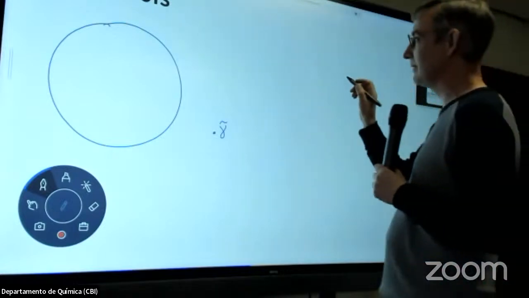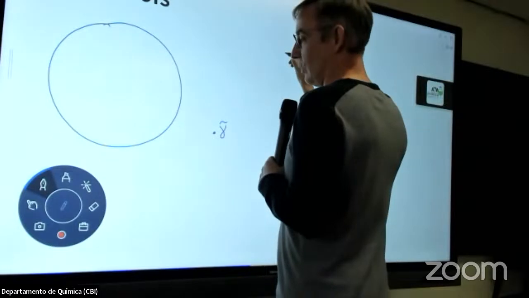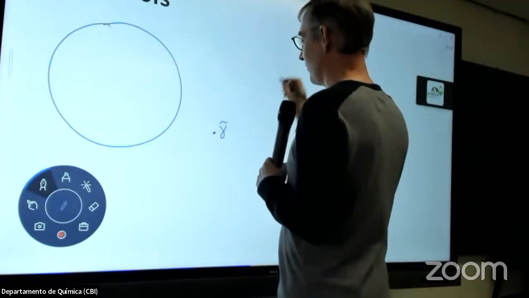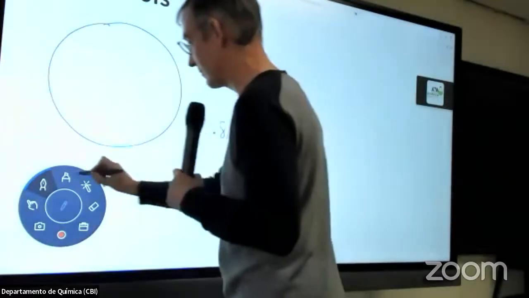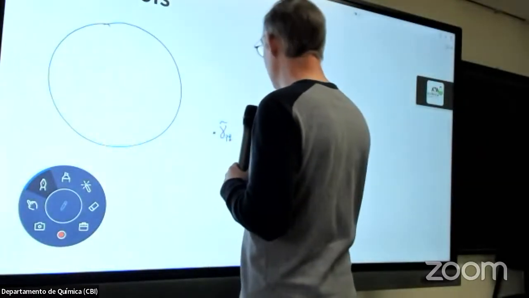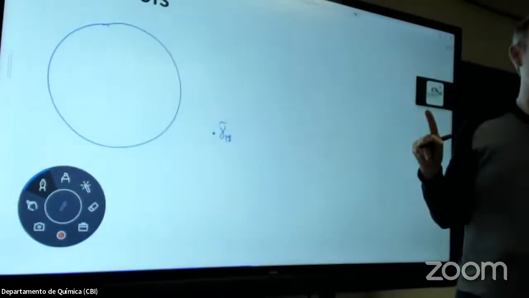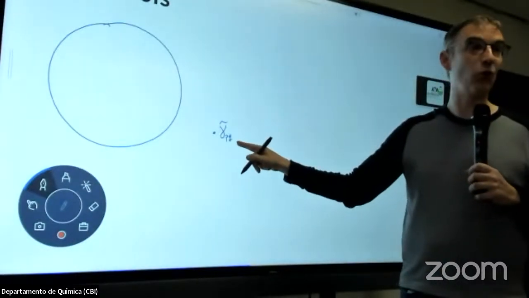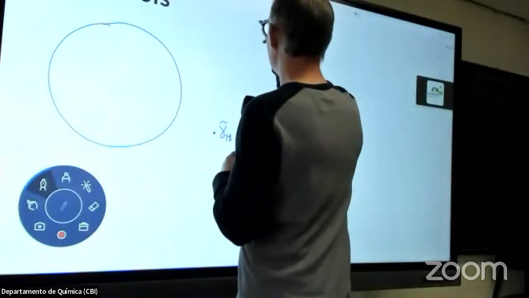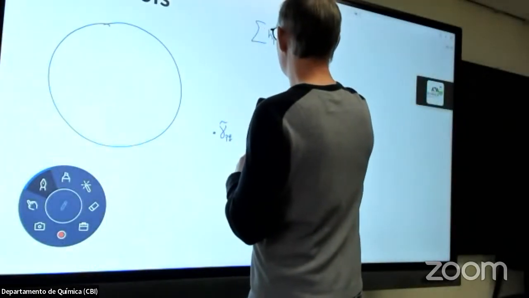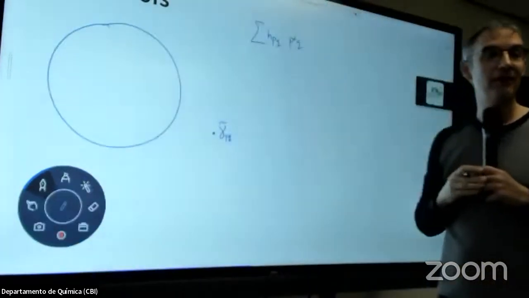So, what's the best way of writing this? Okay, so we have a one body operator, because this is a quantity that looks like a one electron operator. So a one body operator generically looks like h_PQ P dagger Q, right?